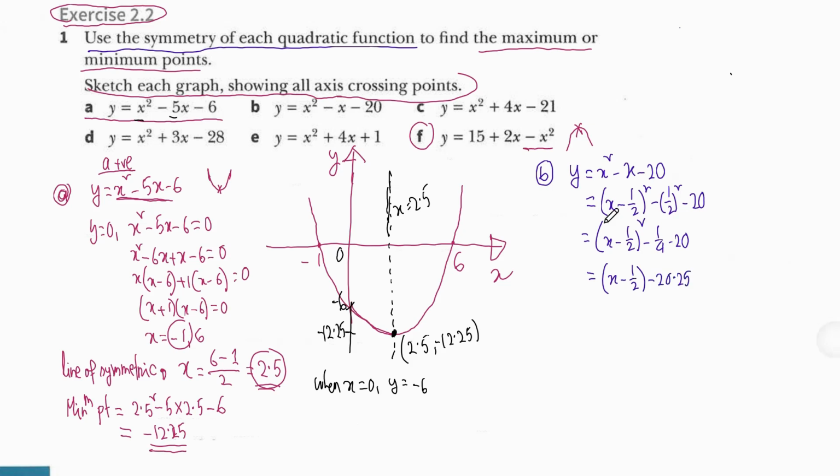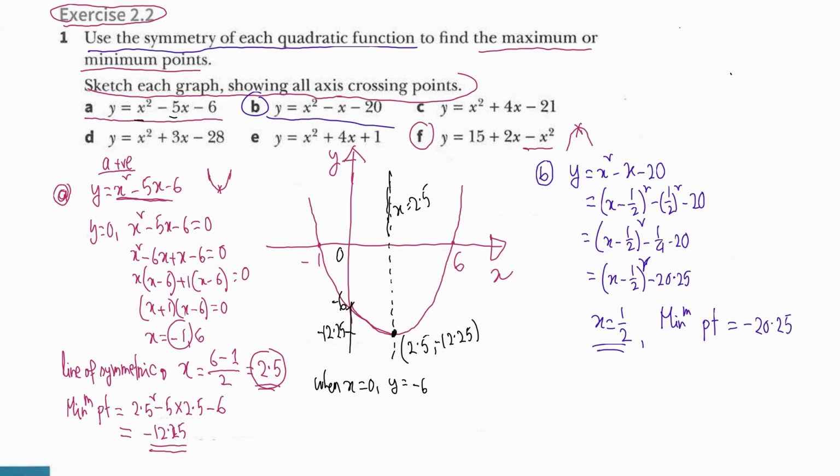It's the line of symmetry: x equals half is the line of symmetry in that case, and the minimum value, or minimum point, is minus 20.25.